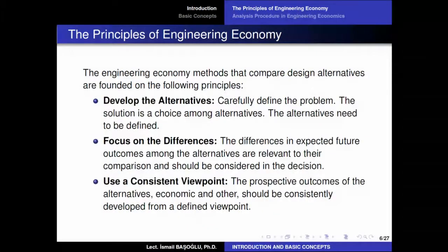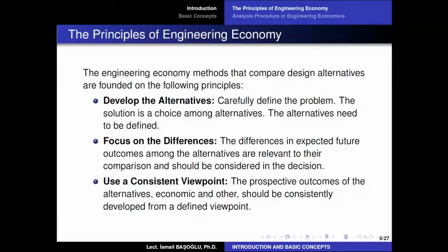So you need to define the problem before starting the comparison, and you need to give a list of the alternatives. Your solution is going to be a choice or multiple choices among these alternatives. Maybe you are going to choose one alternative, or maybe a subset of these alternatives. So we need to define the alternatives clearly.